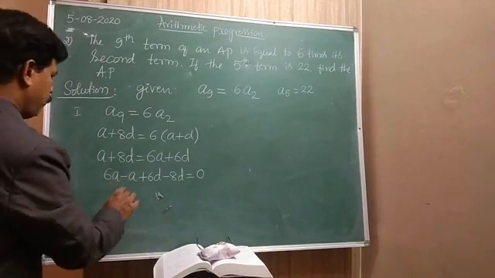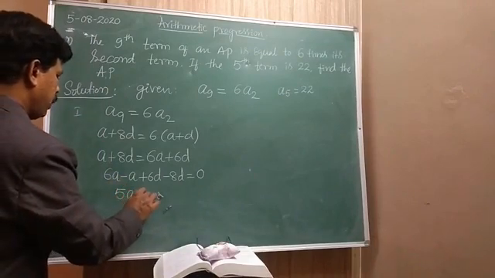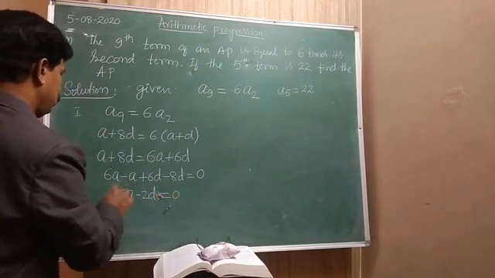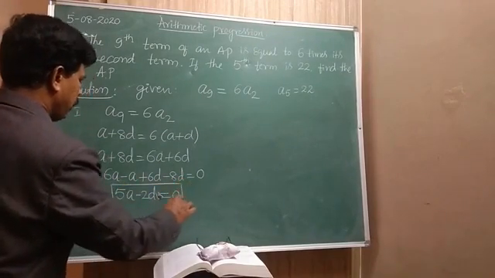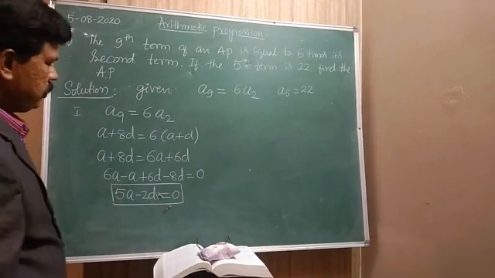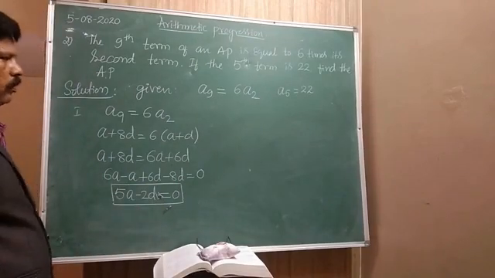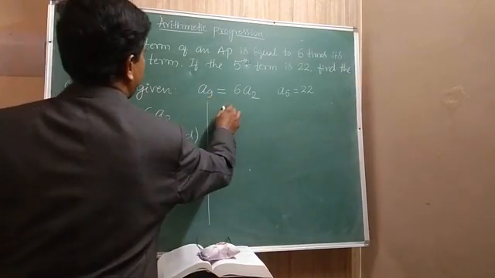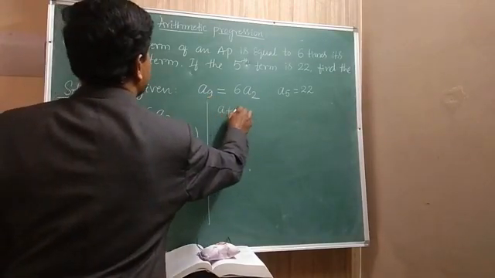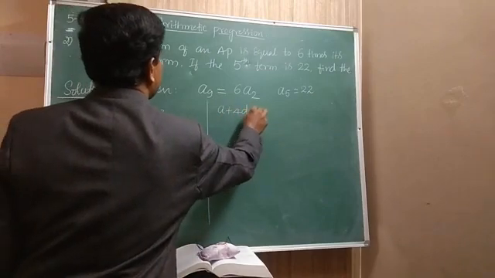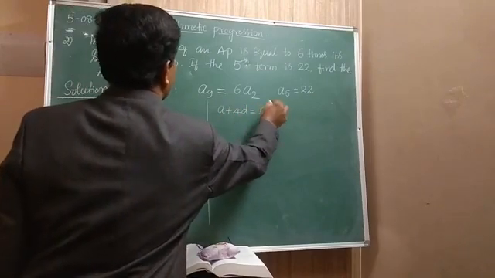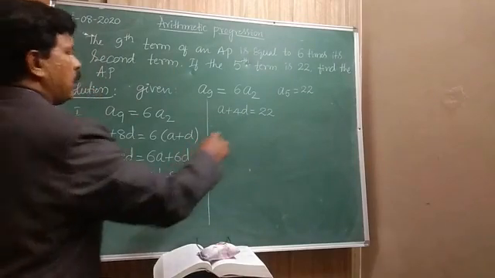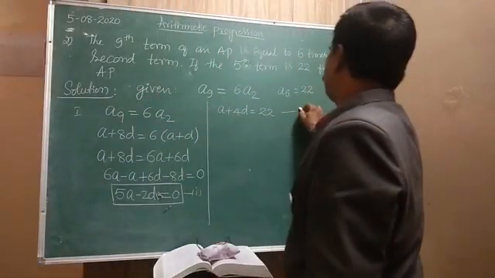Then 5A minus 2D is equal to 0. This is one equation. Now coming to this part, A5, that means A plus 4D is equal to 22. Now consider this as equation number 1 and this as equation number 2.